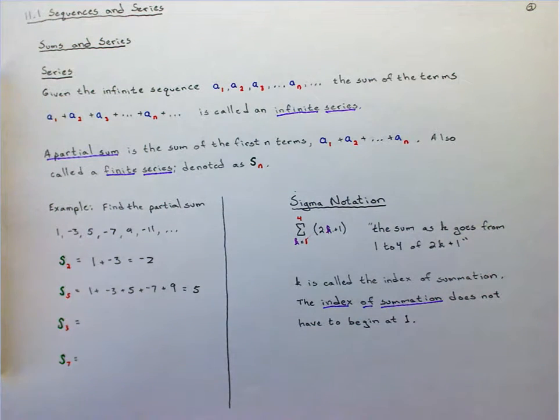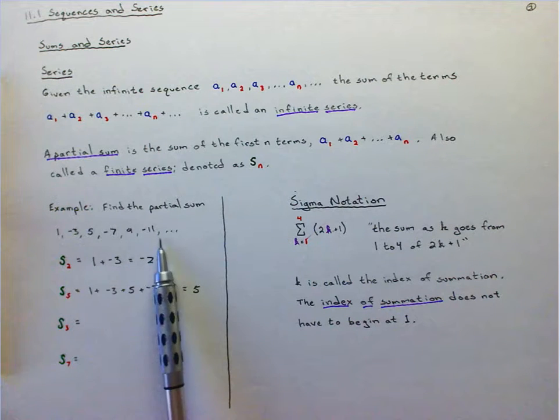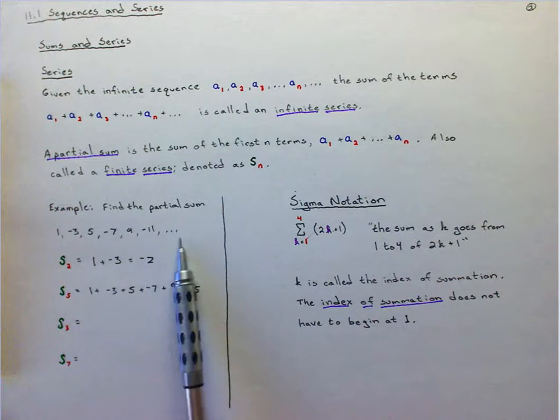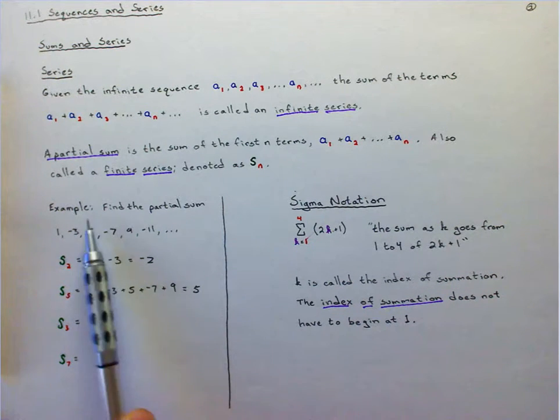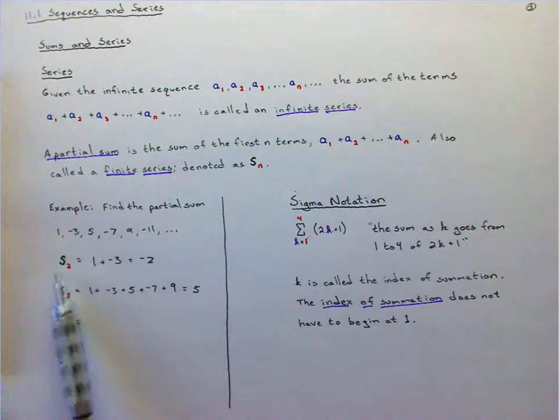Okay, so here I have a sequence, and it is showing that it's an infinite sequence. In the example, it says find the partial sum. For the first one, it says S sub 2, meaning n equals 1 and n equals 2.